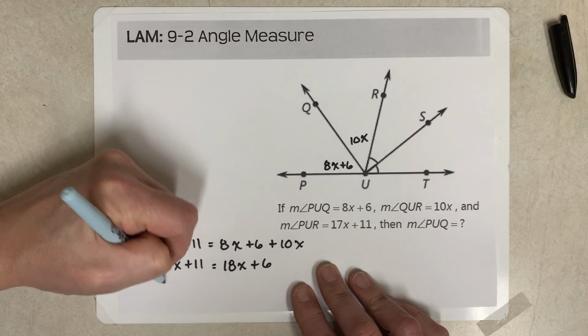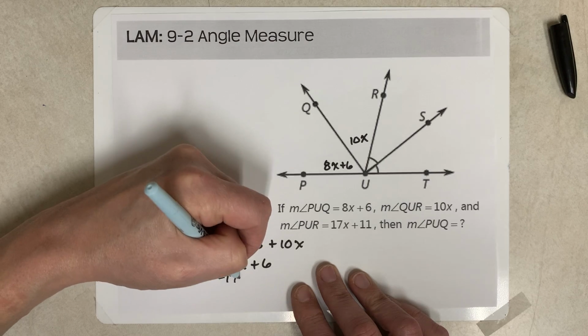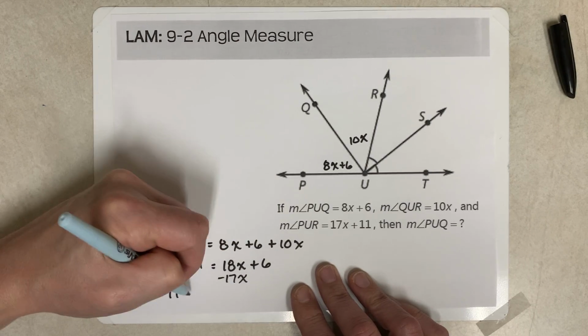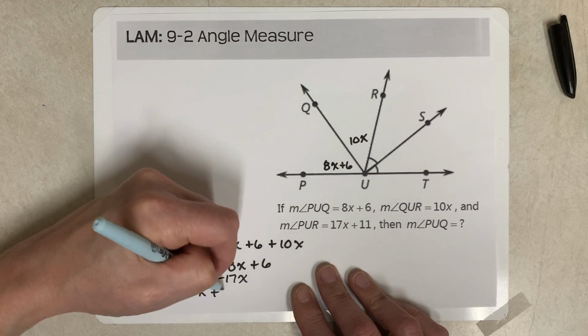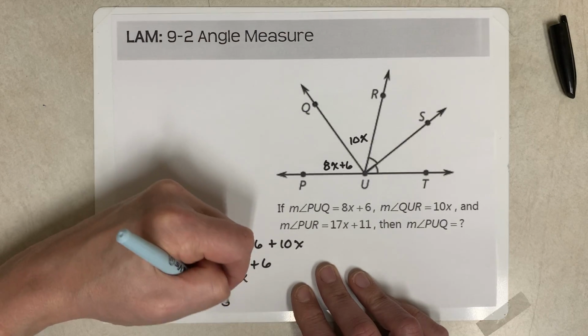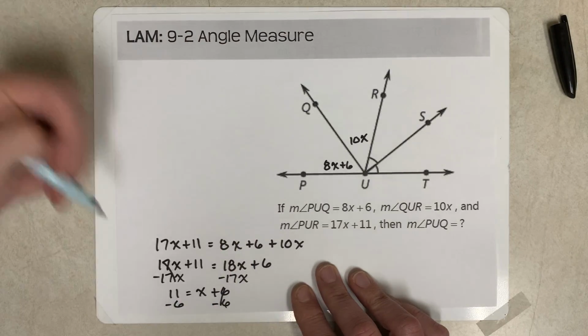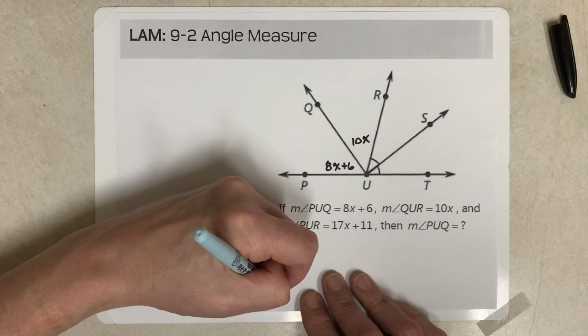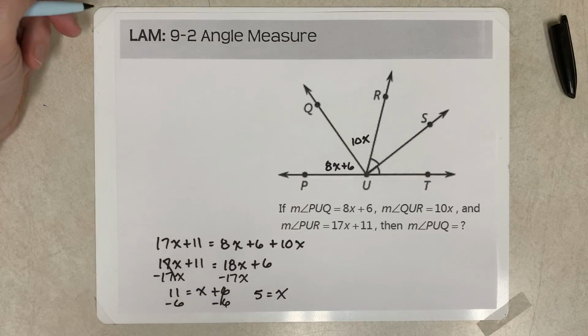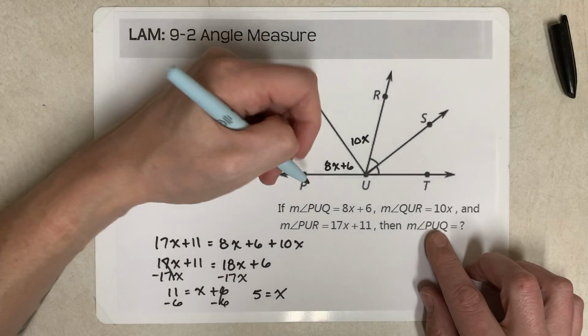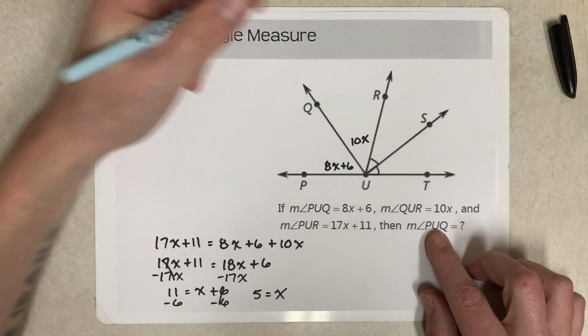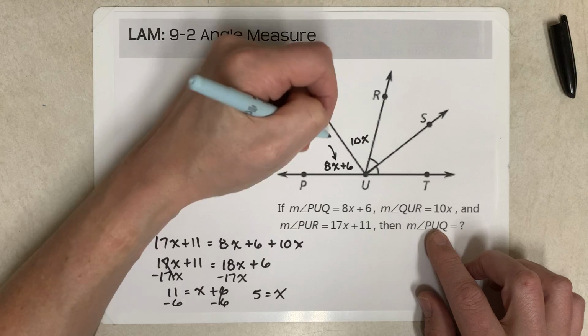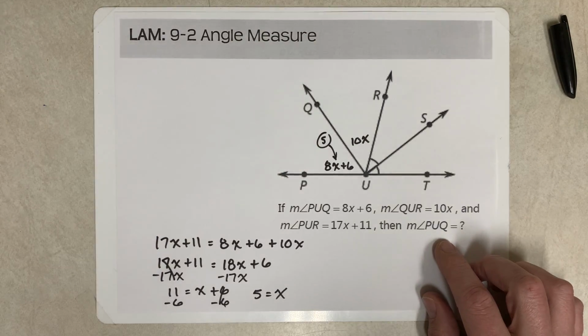So I'm going to subtract 17x on both sides. Get 11 is equal to 1x plus 6. Subtract 6. And 11 take away 6 is 5. So we get an x value of 5. It's asking for PUQ, just this one. So if x is 5, we're going to plug a 5 in for that x right there.